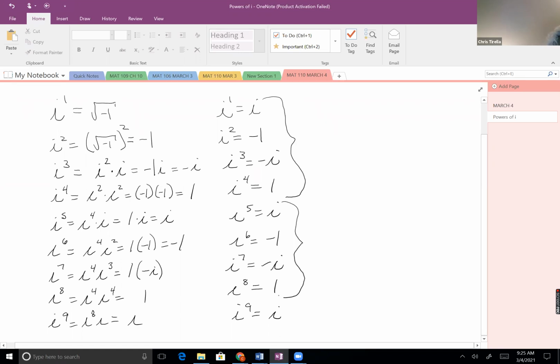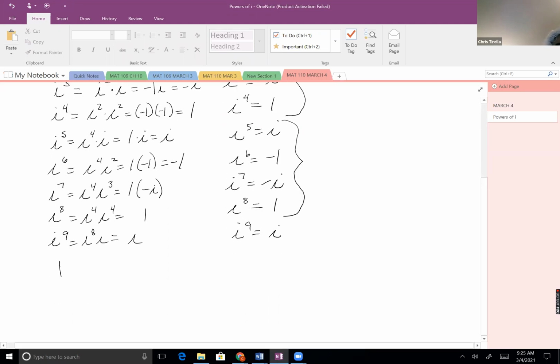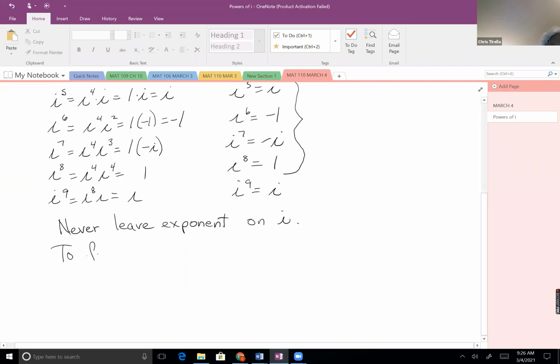So a couple of things that we want to take away from this. One is that we're going to never leave an exponent on i. And to find a power of i, there's 2 approaches that we can take.